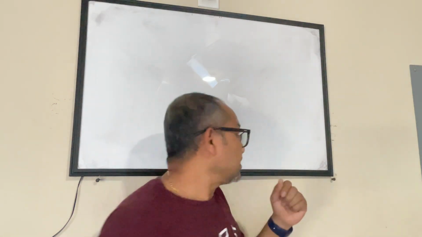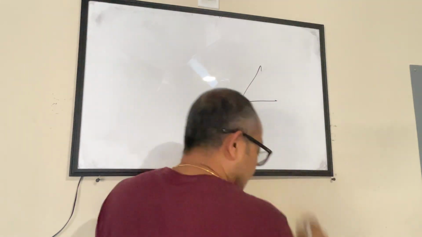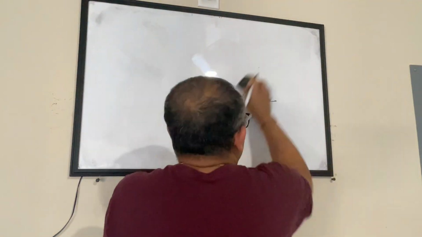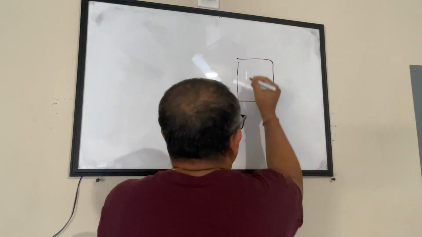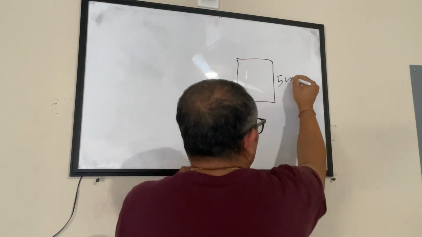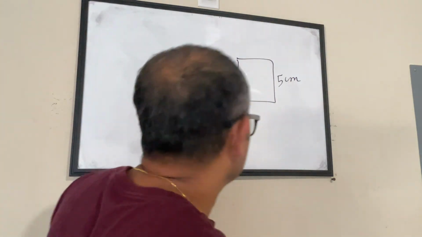Yes, Dikshita. Can you give us an example of similarity with numbers? Okay. Let's look at this. This is a square. Every side is 5 centimeters.